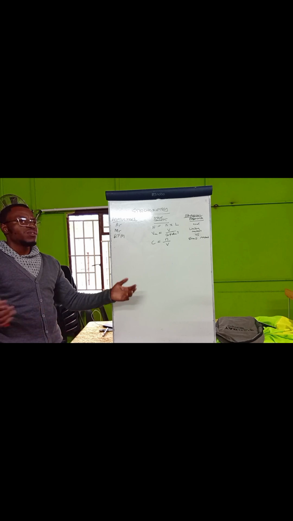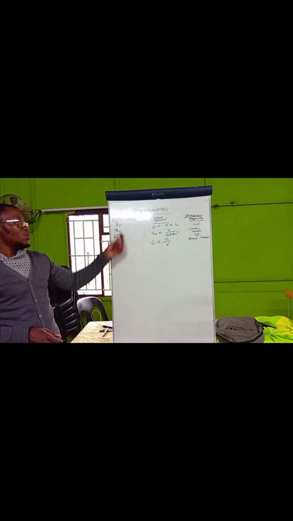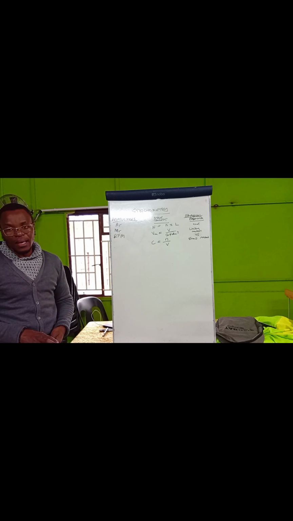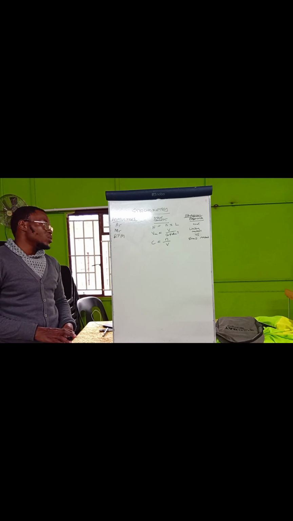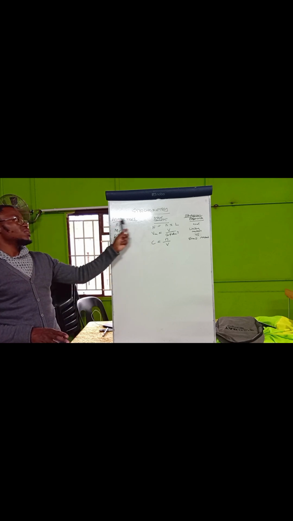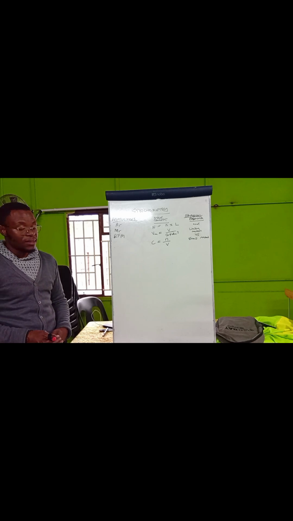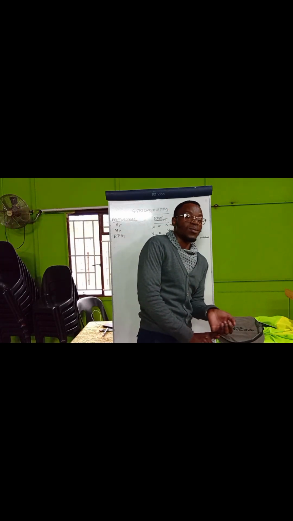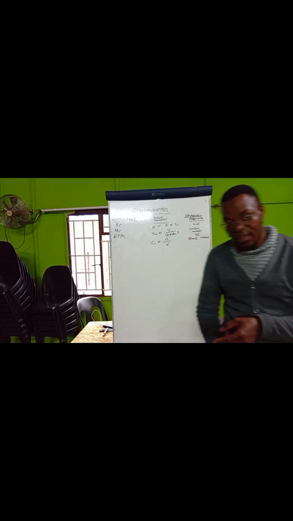So for instance, if you look at carbon, which is the main element that we normally compare other elements to. So which is why when you look at the relative mass, you can either look at the relative atomic mass or the relative molar mass.